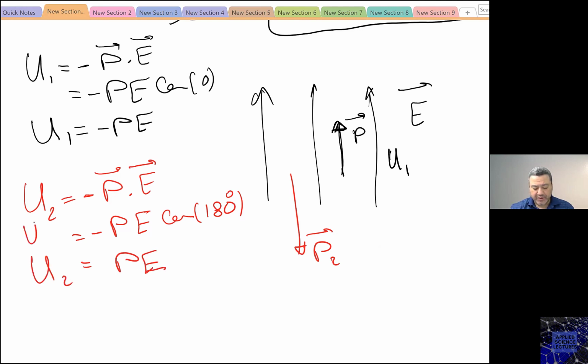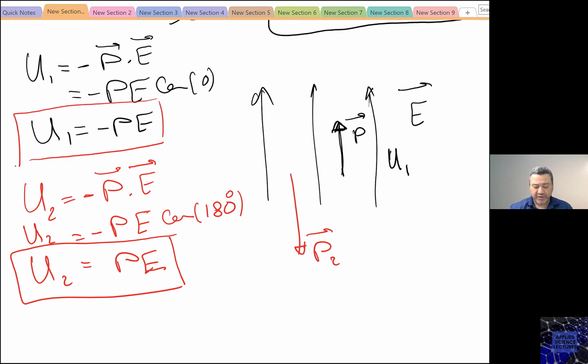Notice that electric potential energy at position 2 is greater than at position 1. This is the maximum actually, while U1 is the minimum.